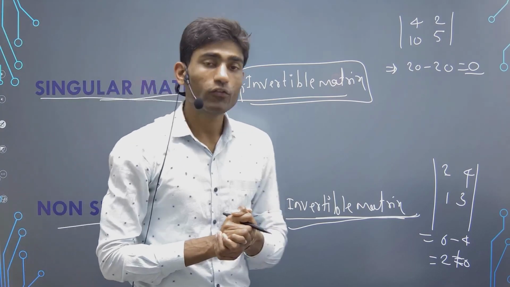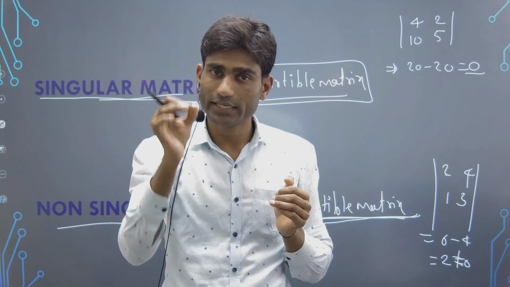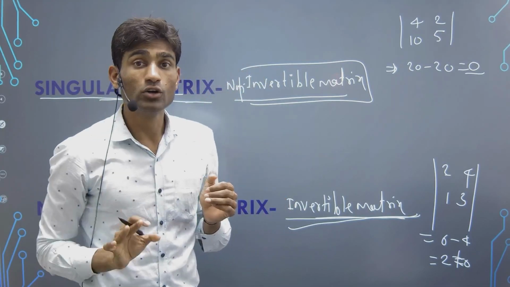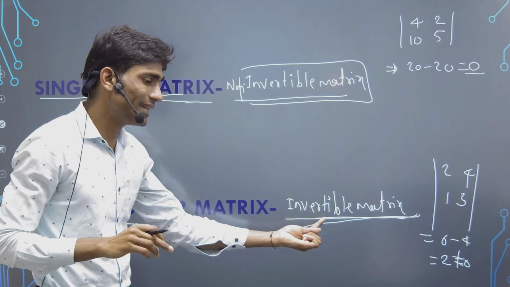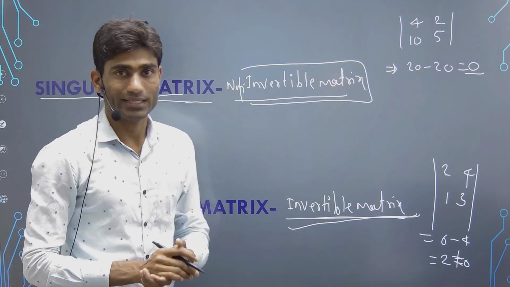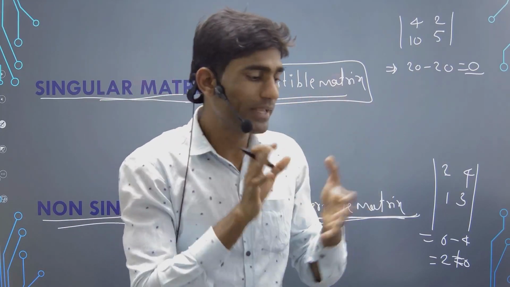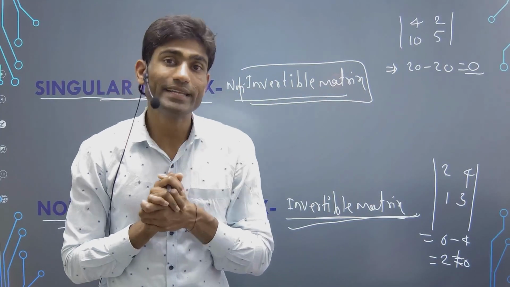For finding the inverse of a matrix, we need its determinant to be non-zero. That means we want the matrix to be invertible or non-singular. Only then can we proceed further to find its inverse.